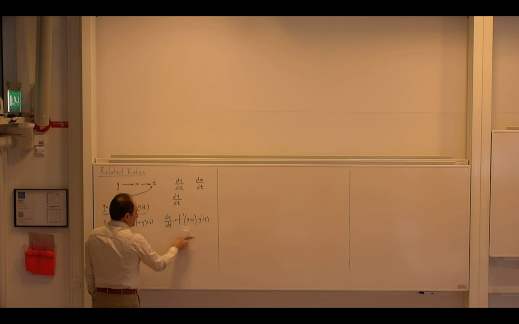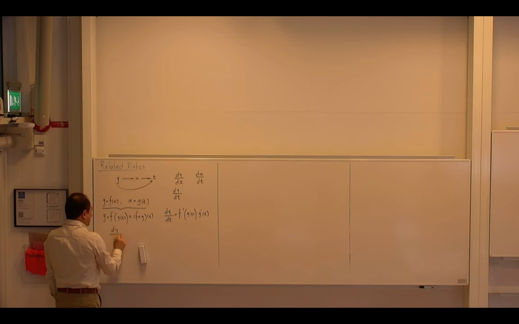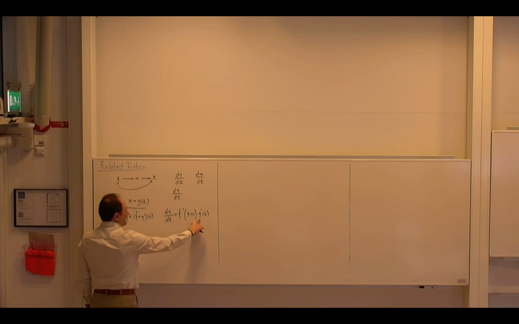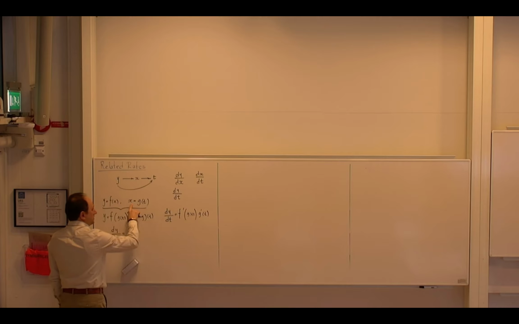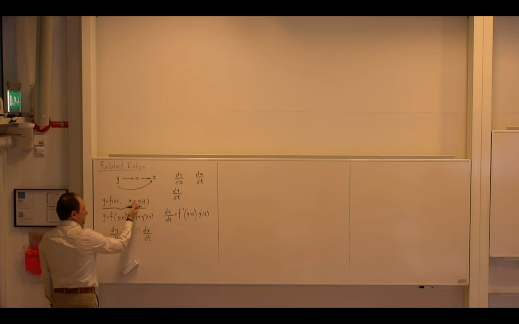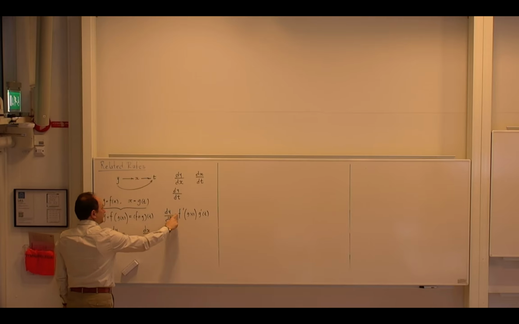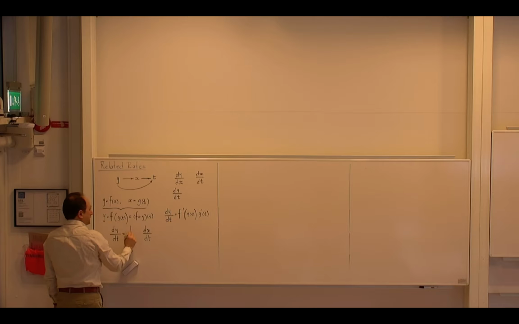But usually in this topic we write it like this. So we say that dy dt, if you want to be a little bit sloppy. So what can I write for g prime of t? So g is the function of x, so people usually write it as dx dt instead of g prime of t, which is the derivative of x with respect to the variable. And this is the derivative of f, which is dy with respect to x.